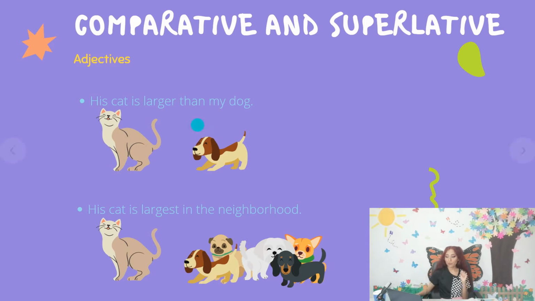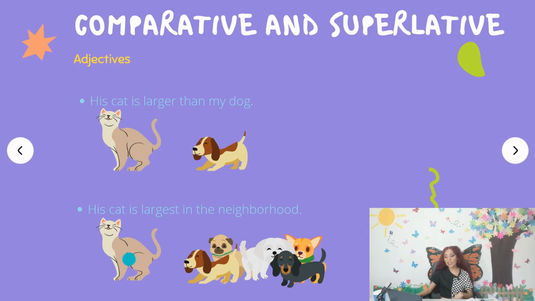And the next one says, his cat is the largest in the neighborhood. Neighborhood is the place where you live and there are a lot of houses around. Because we have a lot of houses, maybe they have a lot of dogs, so it's plural.